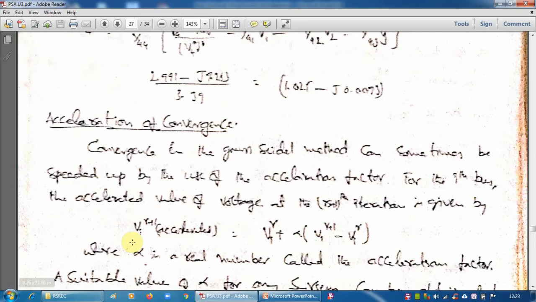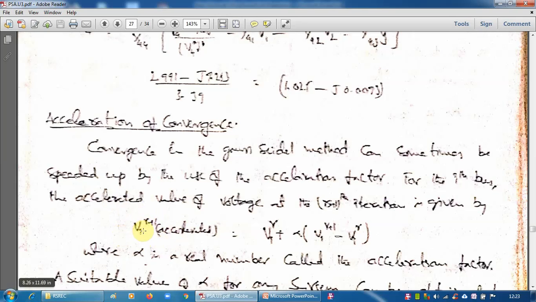How to modify those values? You see, for example, this is the bus i voltage at the (R+1)th iteration. If R plus 1 is 1, the previous iteration is 0. If R plus 1 is 2, the previous iteration, that is R, is 1.